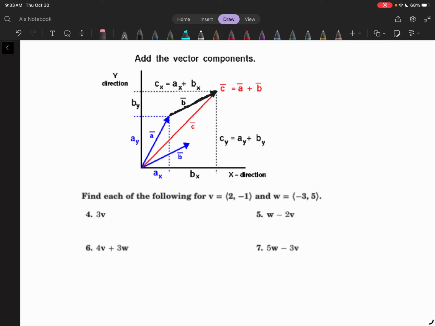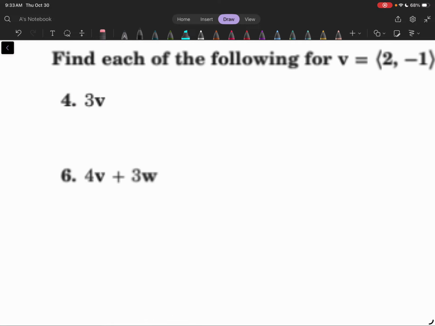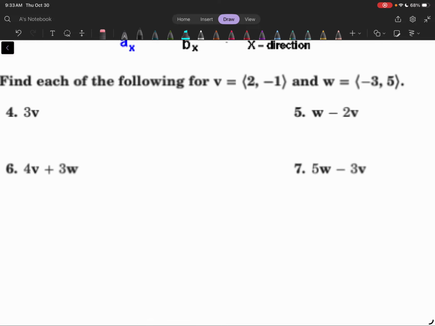The new terminal point formed, let me turn it to the red, is what gives me my combined vector. That's graphically. You can do multiplication by scalars. You can add, subtract. I'm going to show you how to do 2 of these problems and let you try the other 2.